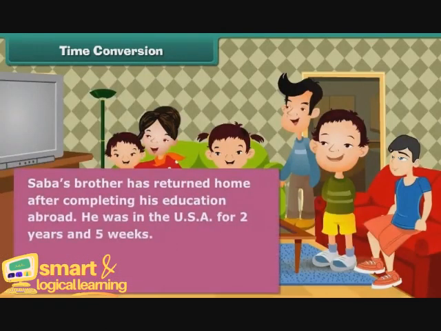Saba's brother has returned home after completing his education abroad. He was in USA for 2 years and 5 weeks.